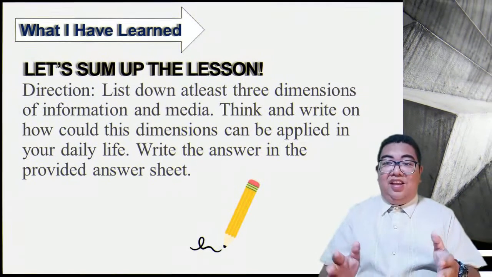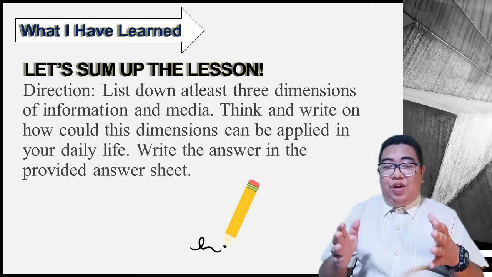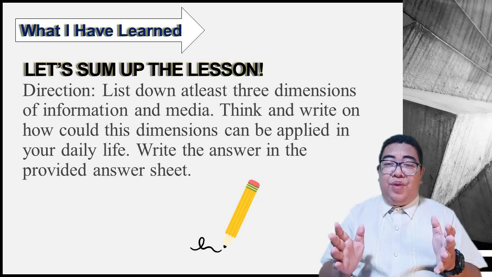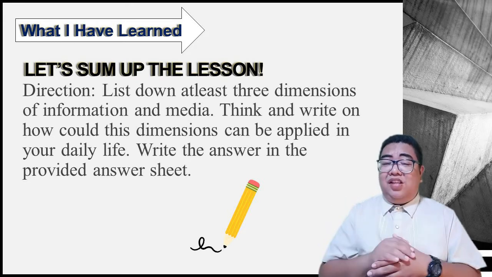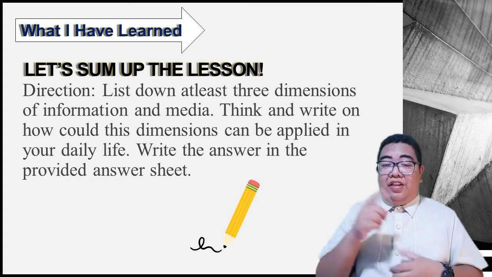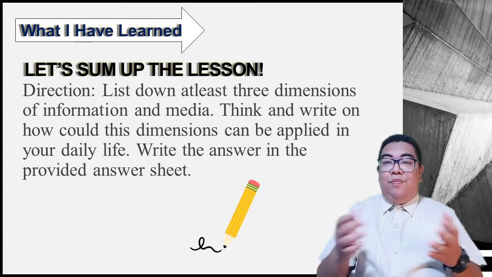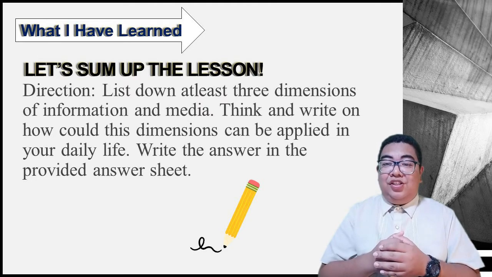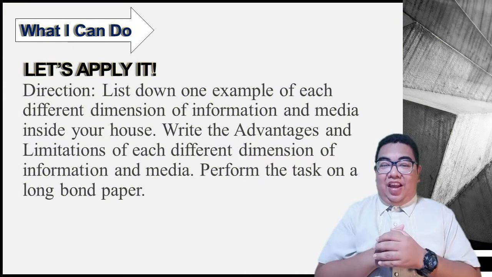After discussing the lesson, let's sum this up. List down the 3 dimensions of information and media. Think and write on how this dimension can be applied in your daily life. Write the answer in the provided answer sheet. Pause this video to answer this activity. For your last activity, let's apply it.